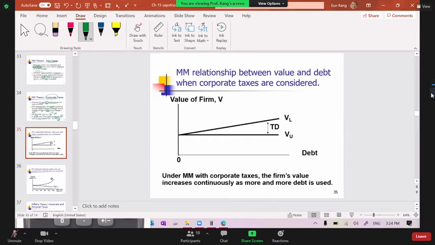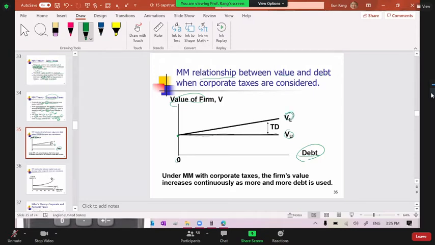So according to the second MM paper, the relationship between value and debt is like this. This is amount of debt, x-axis, and y-axis is value of firm. VU is just this one, a flat line. So we draw a parallel line to compare.